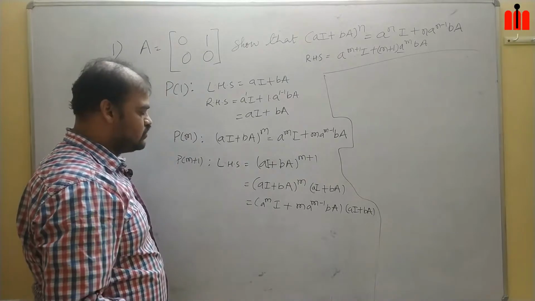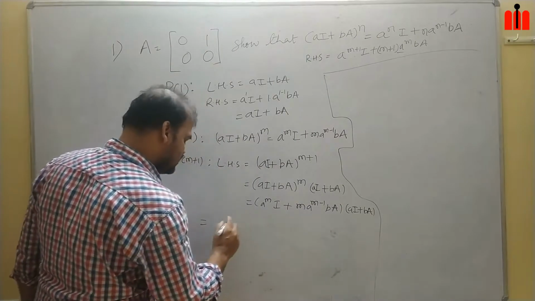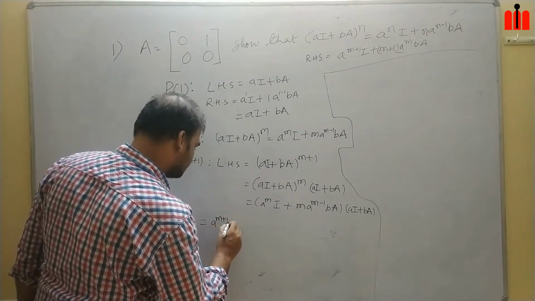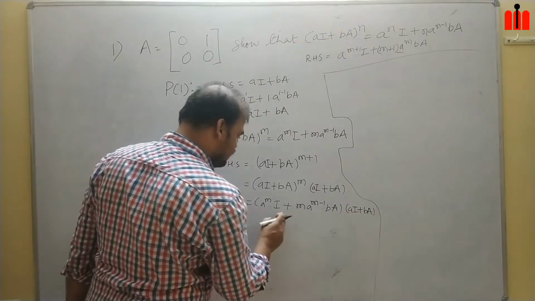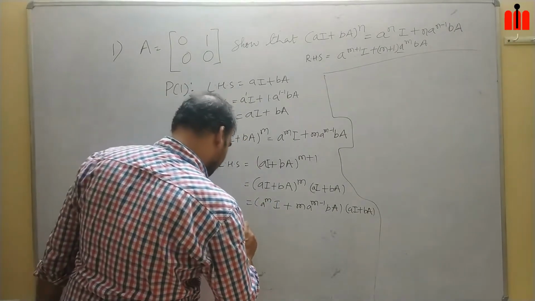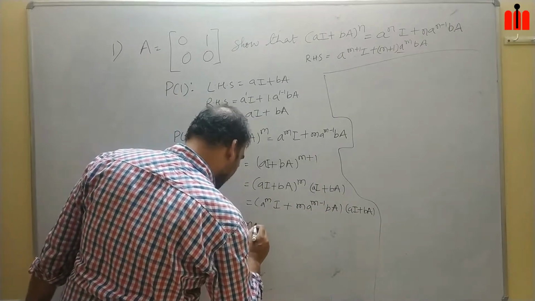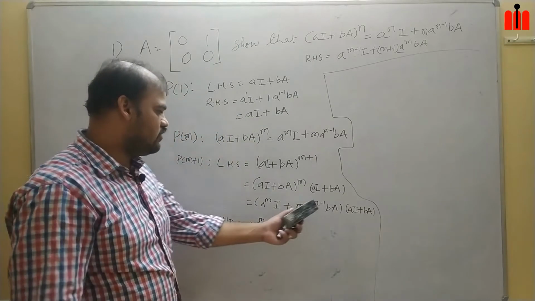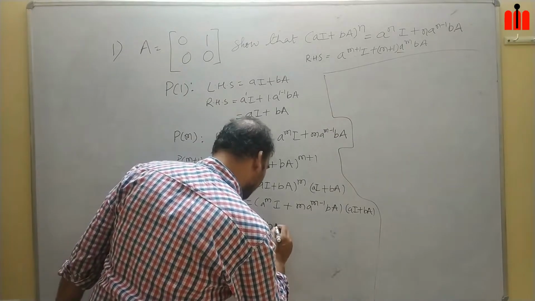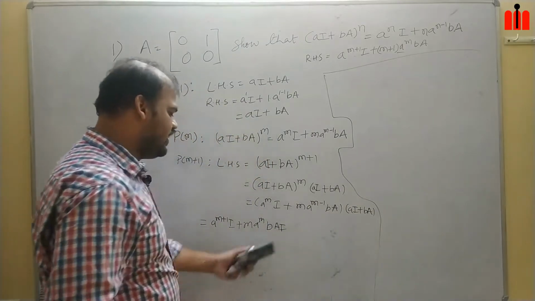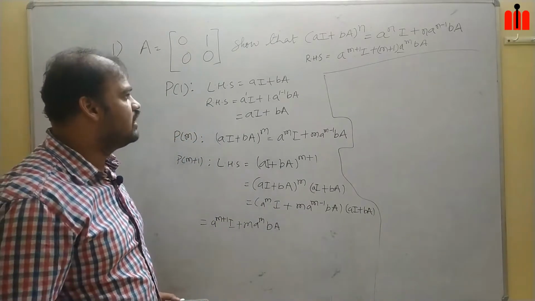Okay, now let us expand this. Then it will be a^m I into aI, so a^(m+1) I. Plus now you multiply with aI over here, so you will get m a^(m-1) bA into a, which is m a^m, and b A into a into I. I is the identity matrix, so a into I it will become a.